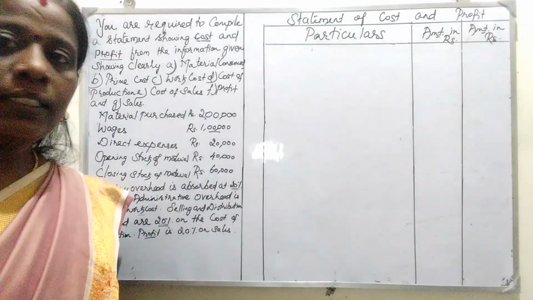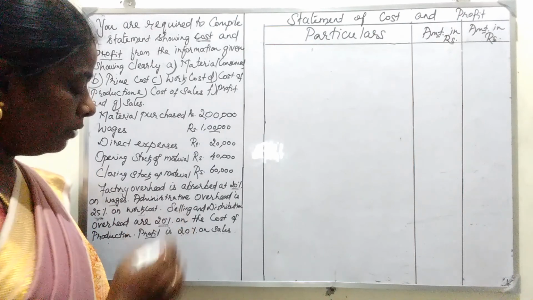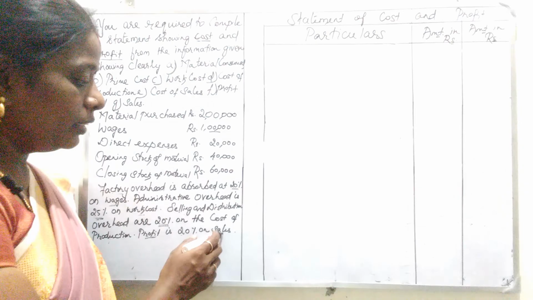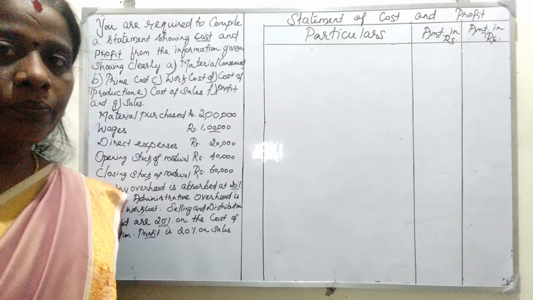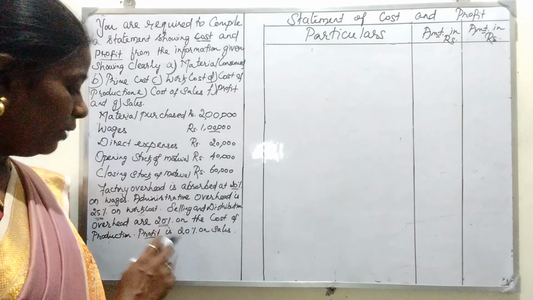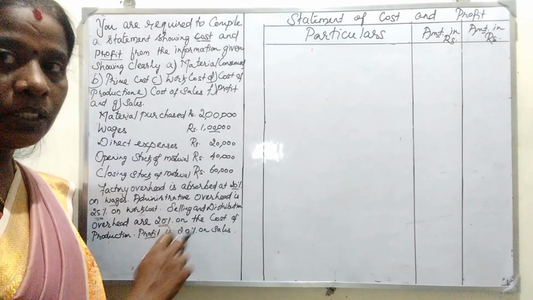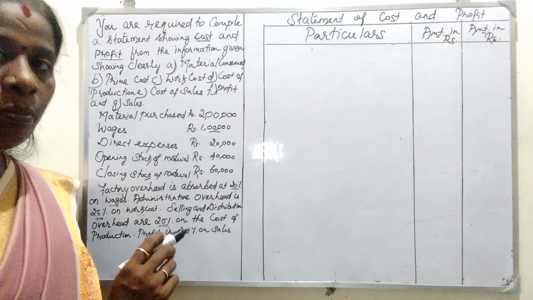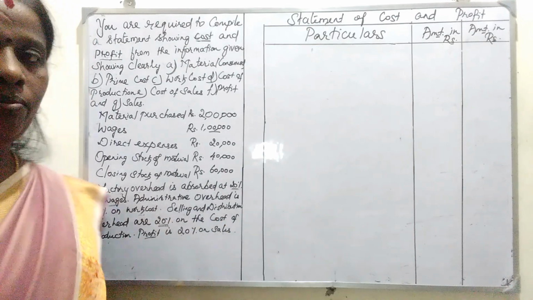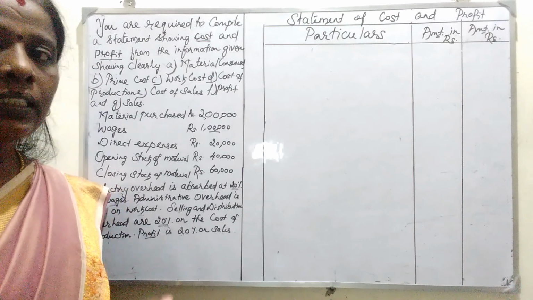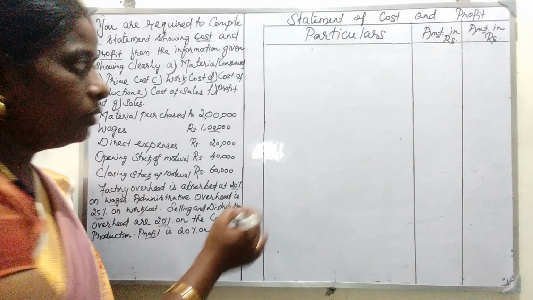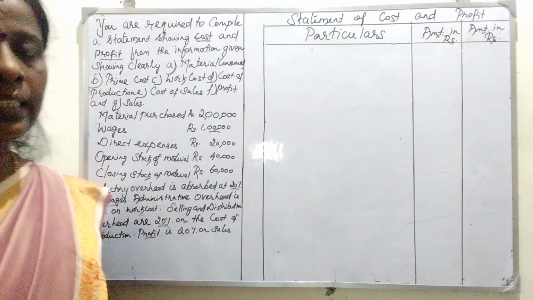Usually the sales value is given in the problem, but in this problem the sales value is not given. 20% profit is mentioned on sales, but we have to calculate it with the cost of sales. The profit and sales value are calculated by calculating the cost of sales.